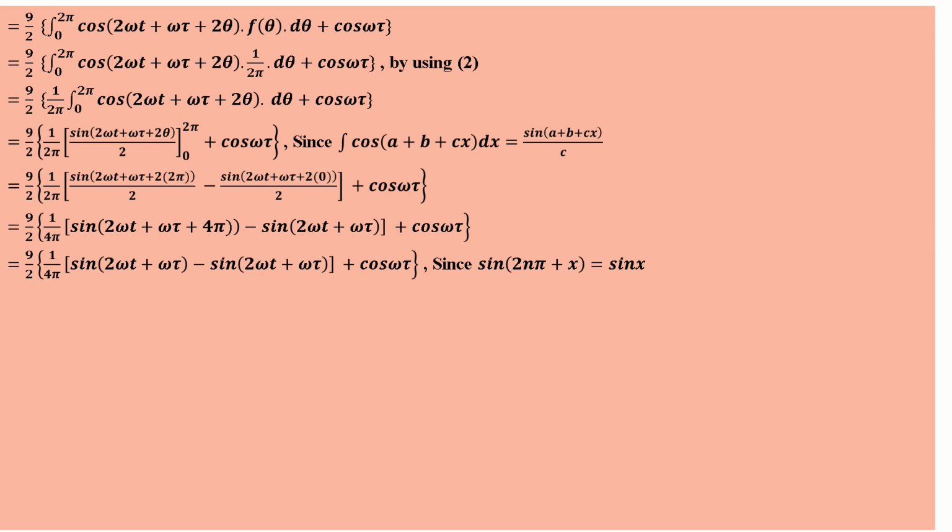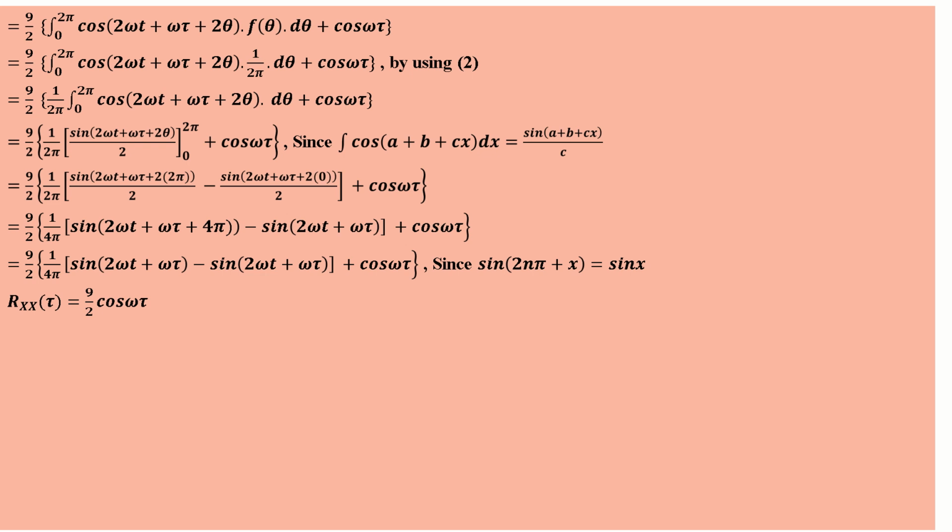So here, 4 pi plus 2 omega t plus omega tau, instead of x we have 2 omega t plus omega tau, so we will get sin 2 omega t plus omega tau. The second term as it is, minus sin 2 omega t plus omega tau, plus the last term cos omega tau.